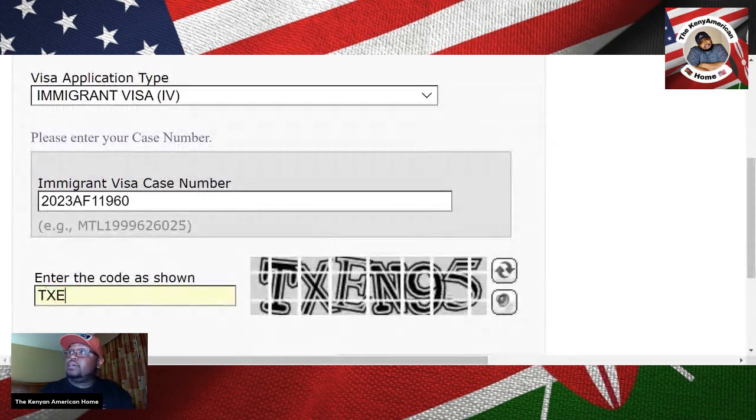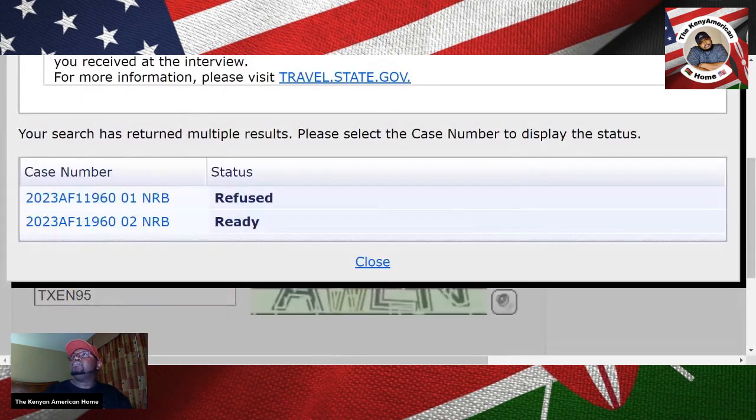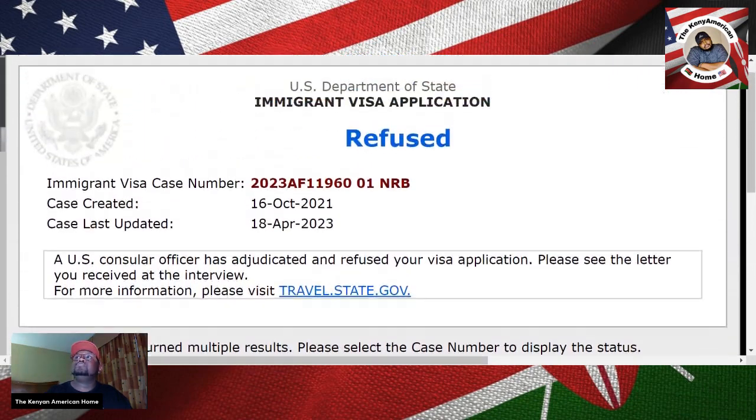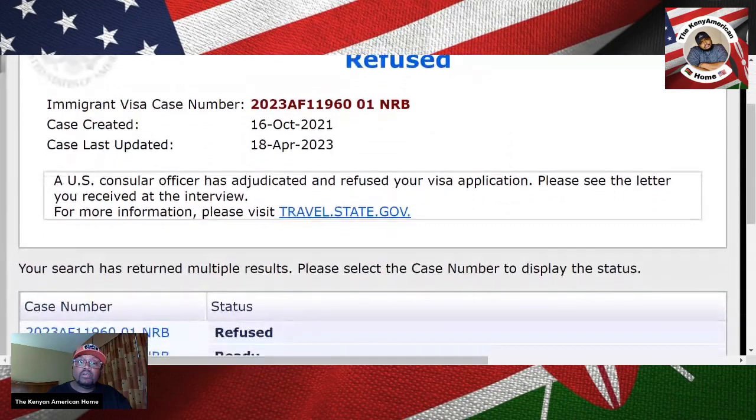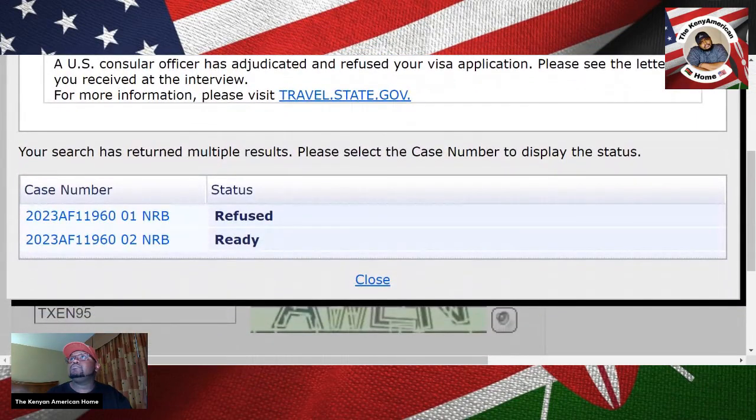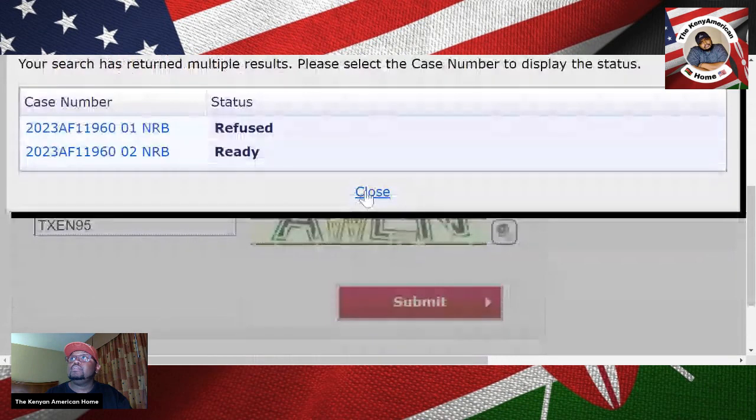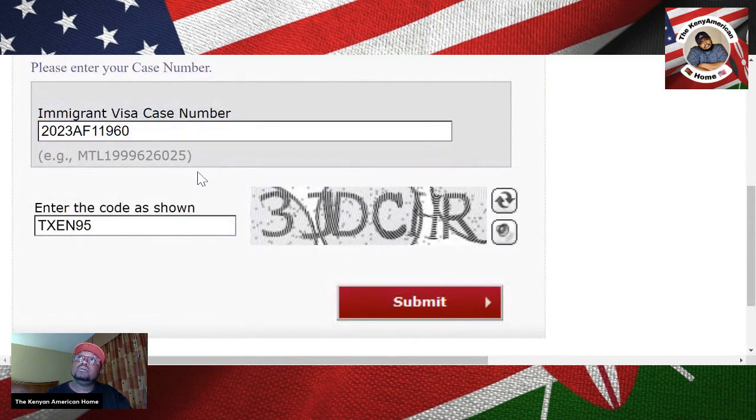TX EN 95. The refusal in Nairobi, Kenya. So that could be one unfortunate outcome of the DV lottery case, and it's unfortunate.